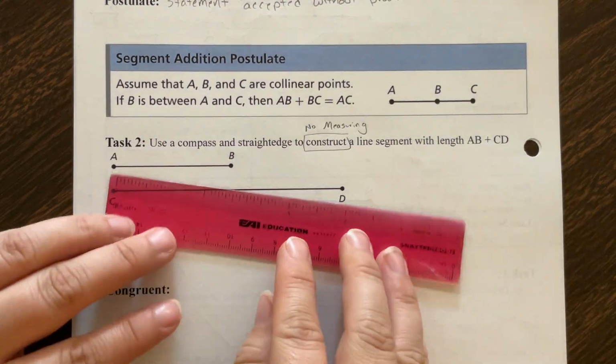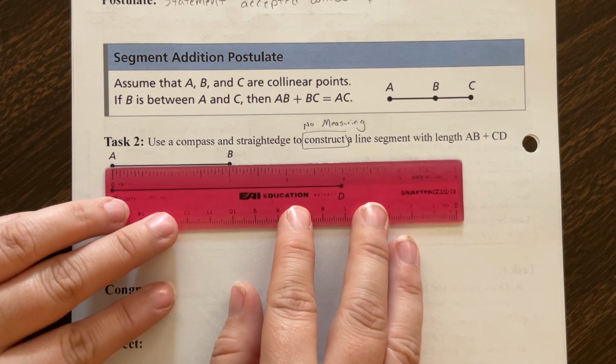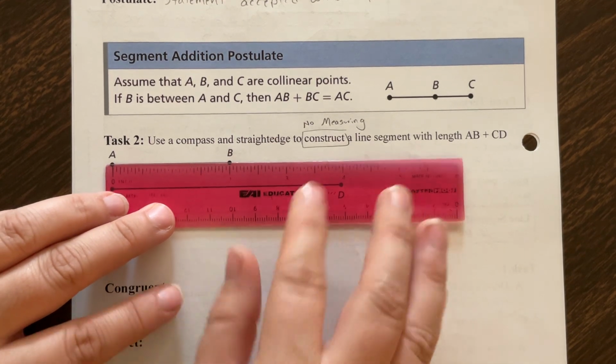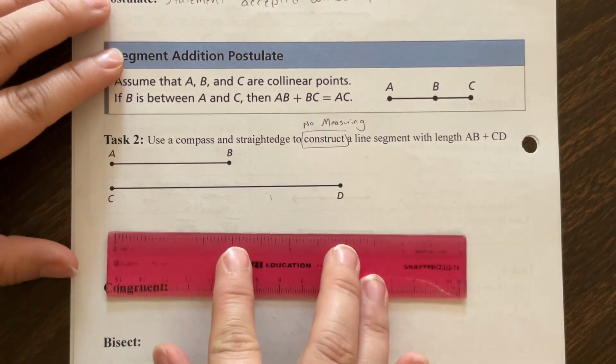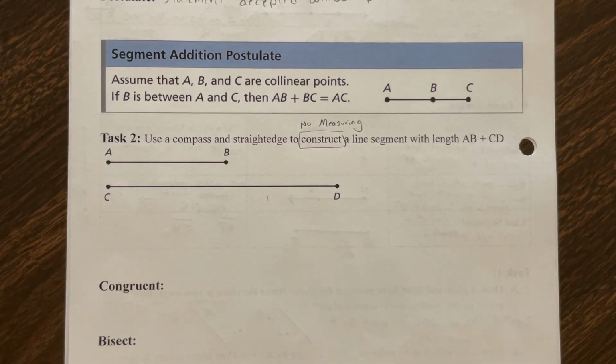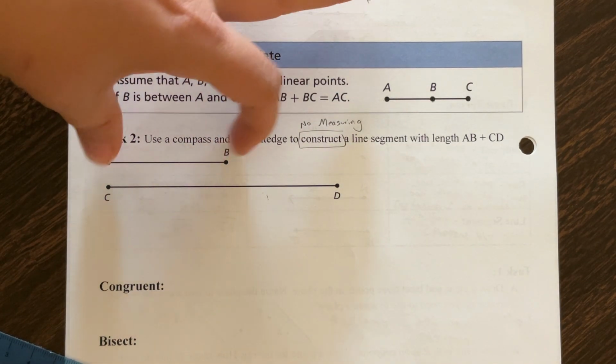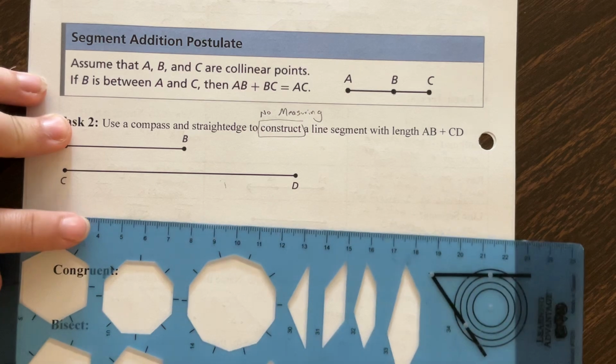Okay, but here I want to use a compass and straight edge to construct a line segment with length AB plus CD. So I want to draw one segment that is these two pieces added together. I can't come in and measure because there's some error there. So here's how we do a construction. I want to construct a length of segment A to B, and then one from C to D, and I'm going to show you how to do that using the compass.